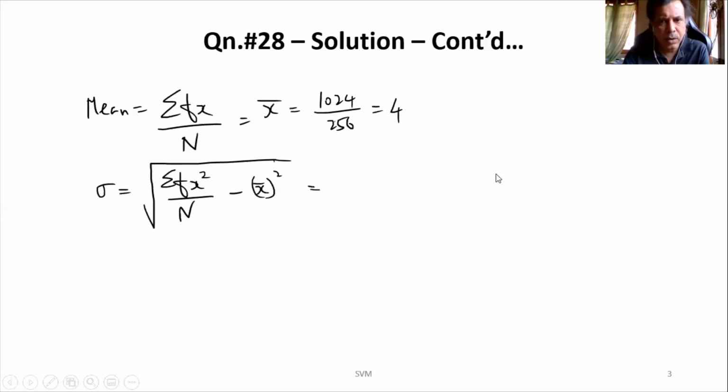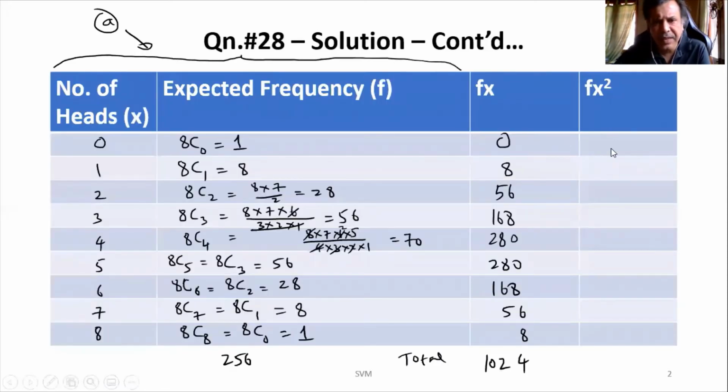Okay, now let us go back. Do this f into x, f into x square. That means fx into x. 0 into 0, it works out to 0.